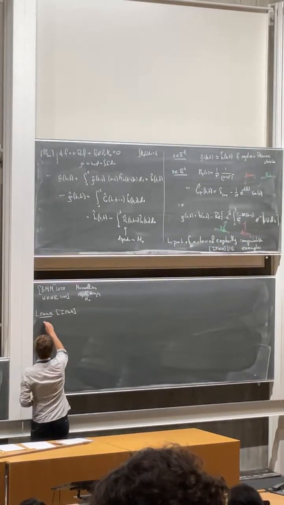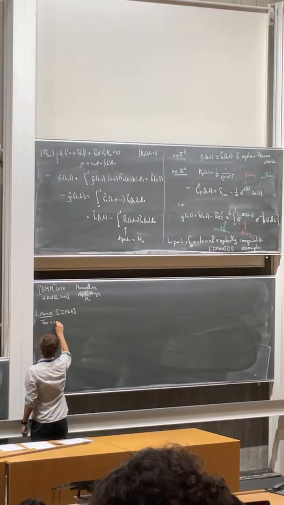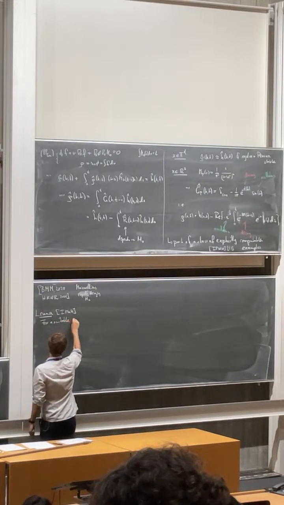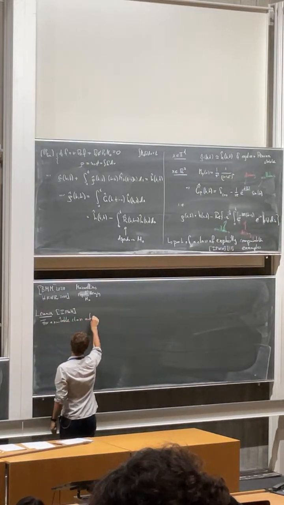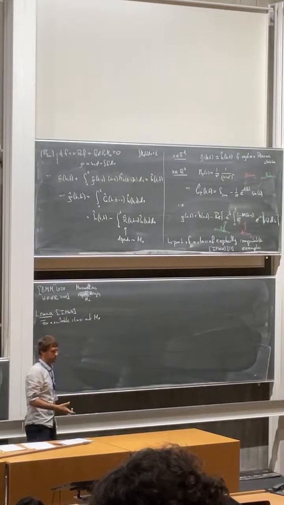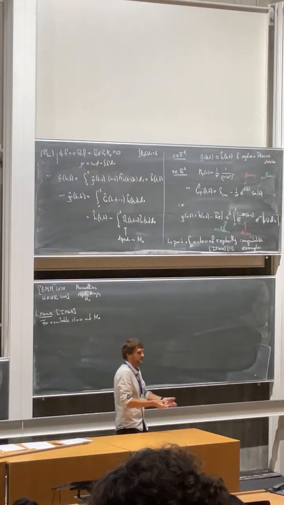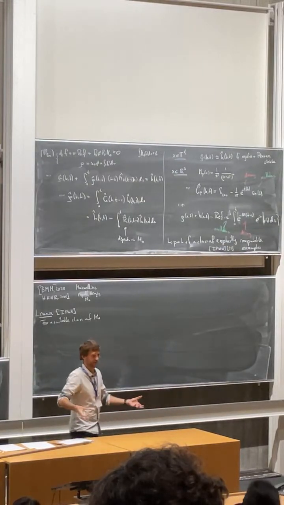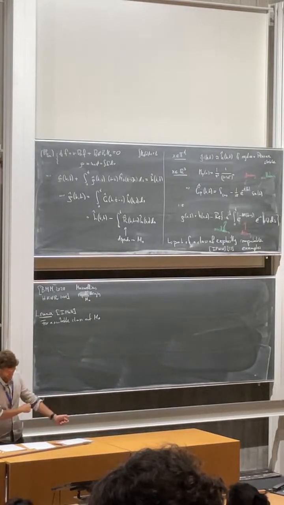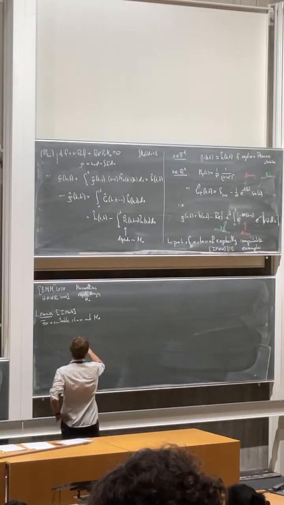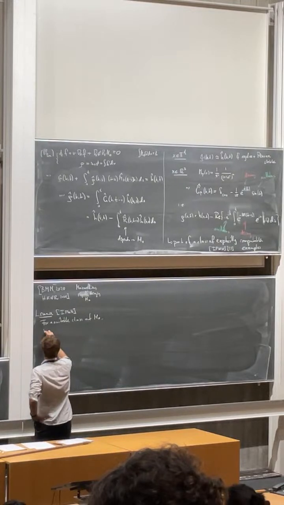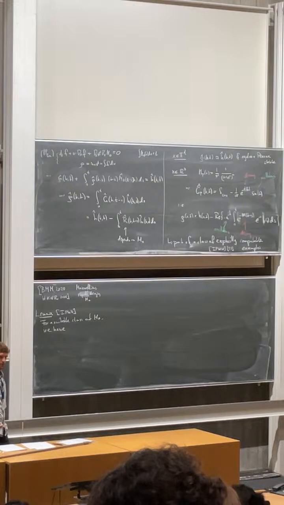So for a suitable class of such M0, meaning they should be reasonably smooth, they should have some features that allow you to apply complex analysis, so they should be somehow locally meromorphically extendable. You can basically distinguish the dynamics in two regimes.